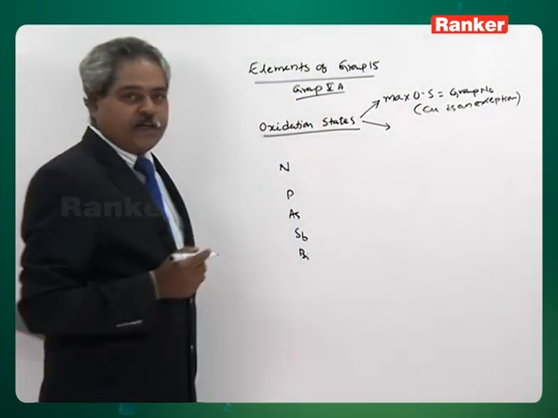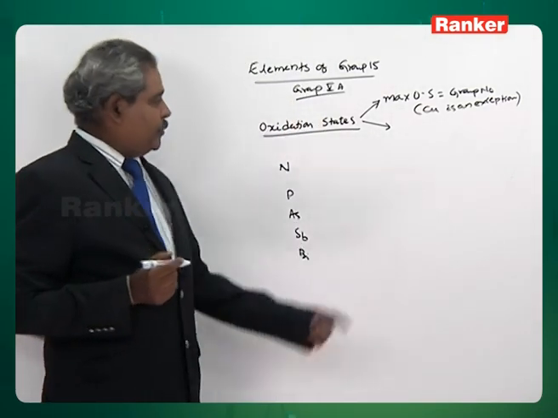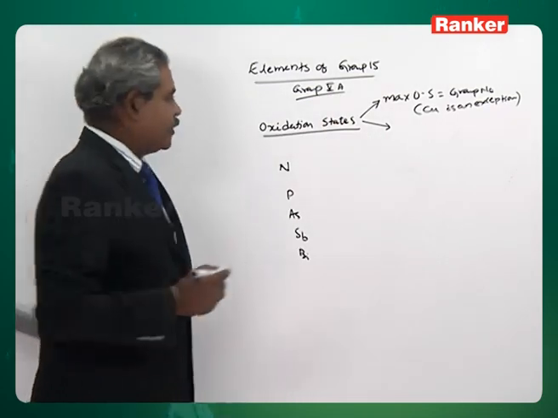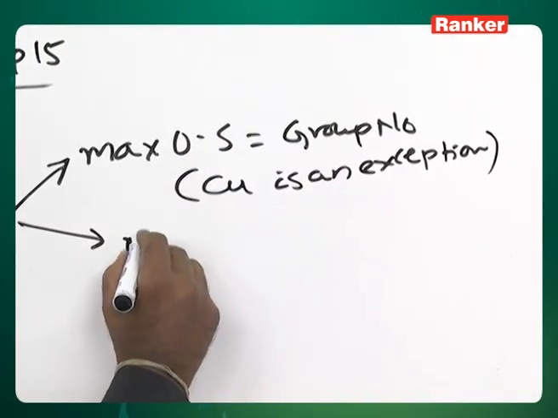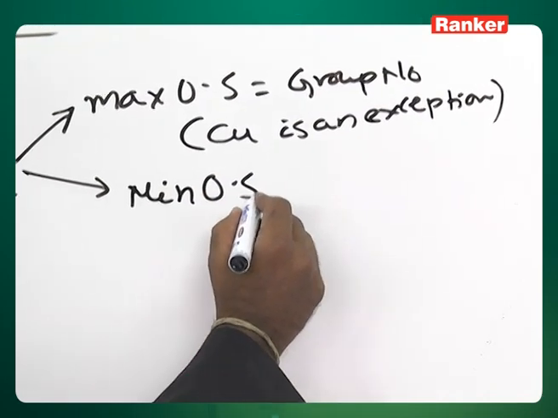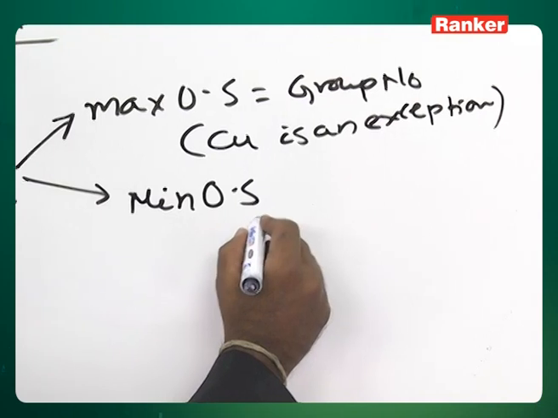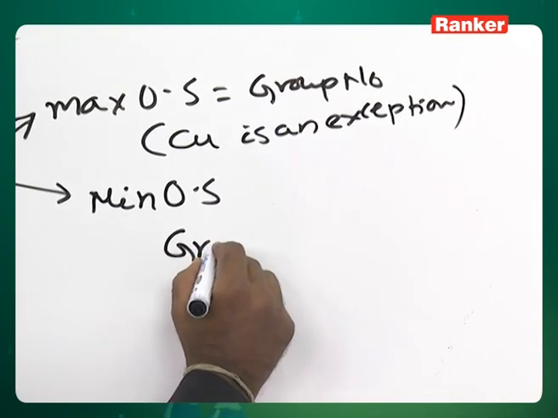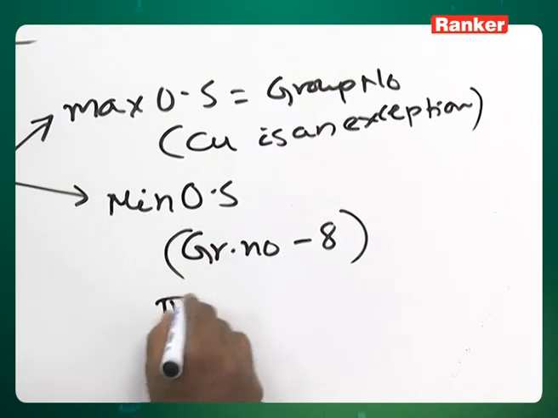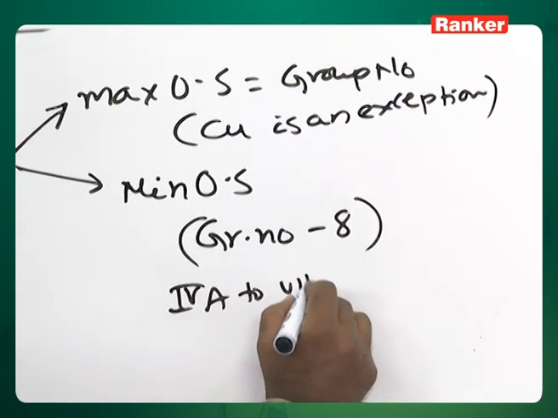We discussed this in a different context also, all about oxidation states. Maximum oxidation state is equal to group number, and minimum oxidation state is equal to group number minus 8. This is for 4A to 7A only.